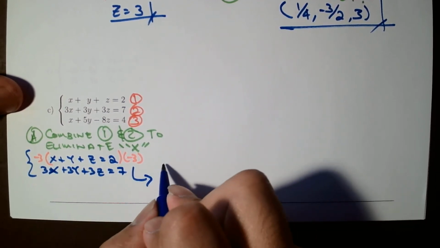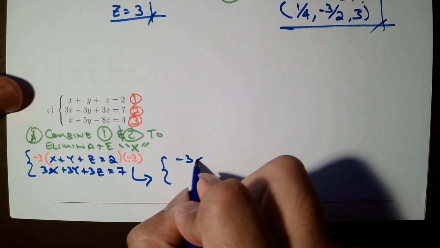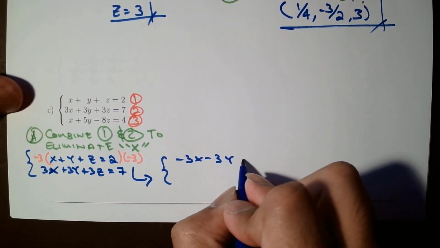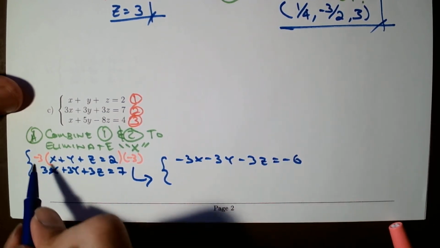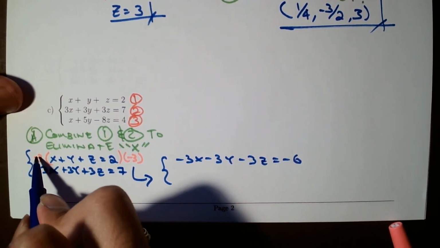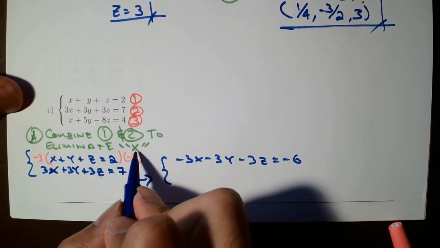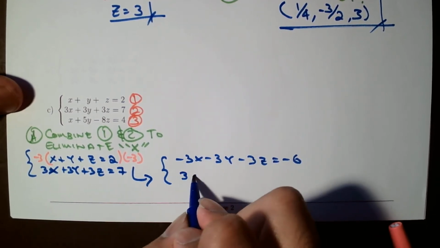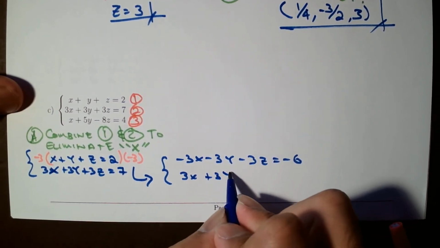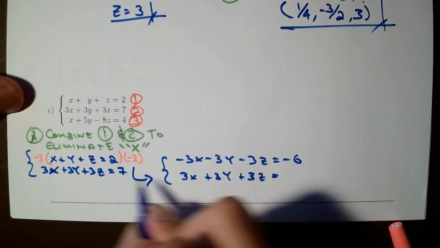So this first equation becomes -3x minus 3y minus 3z equals -6. Keep in mind that we are distributing this -3 about all terms on the left hand side, and the 2 on the right hand side. And then we have 3x plus 3y plus 3z, which equals 7.